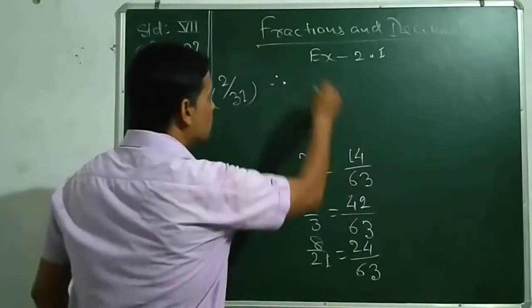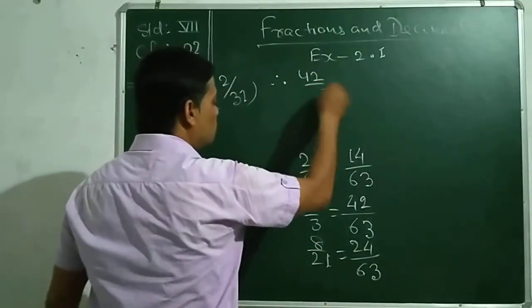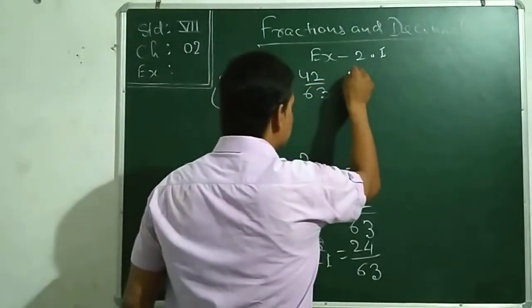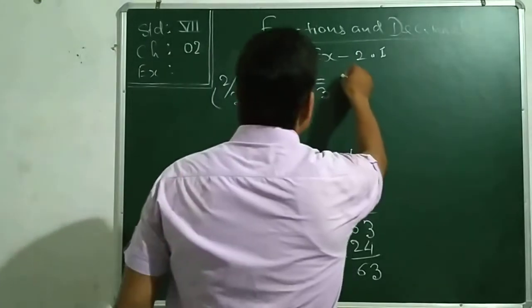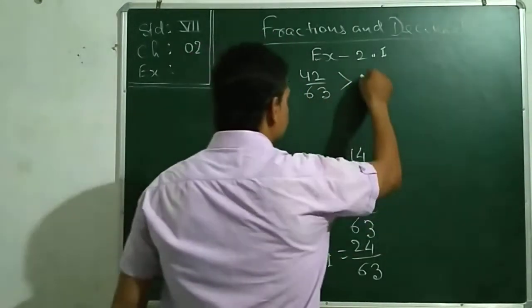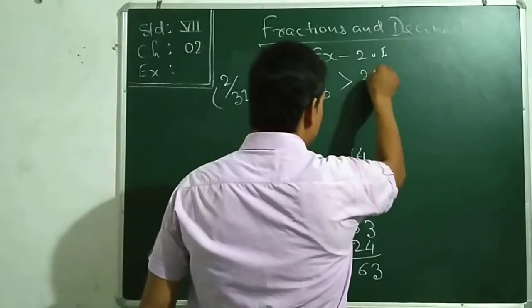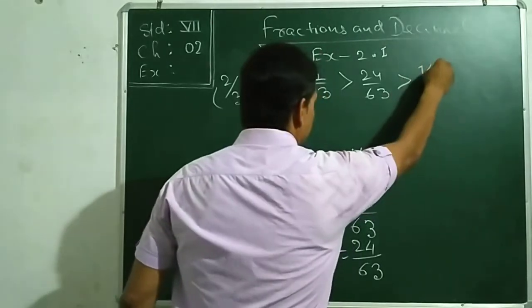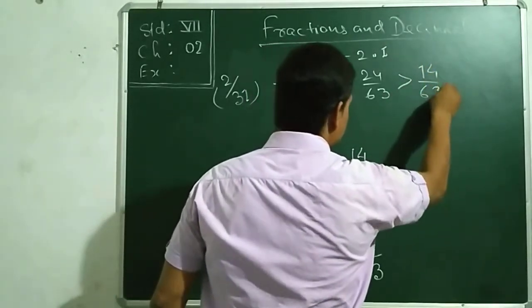Therefore, 42 by 63 is greater than 24 by 63, which is greater than 14 by 63.